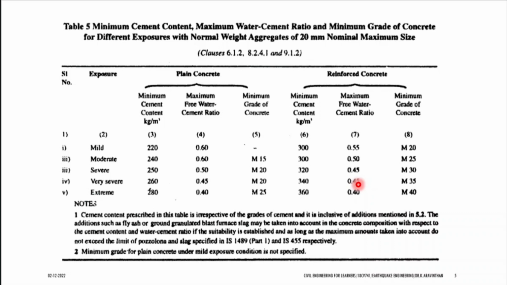You design the slab using STAAD Pro, ETABS, everything you do, but many of the designers I have seen, they will not include the weight of the water tank. When you place a water tank on your roof, is it going to impact your slab or not? Definitely it will impact.